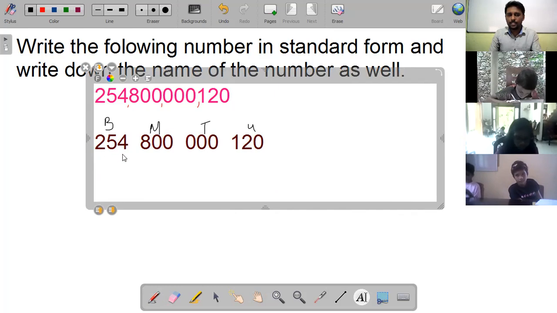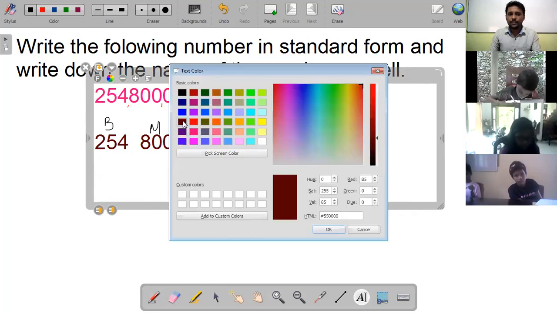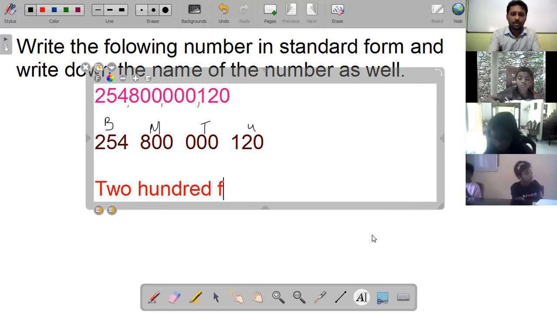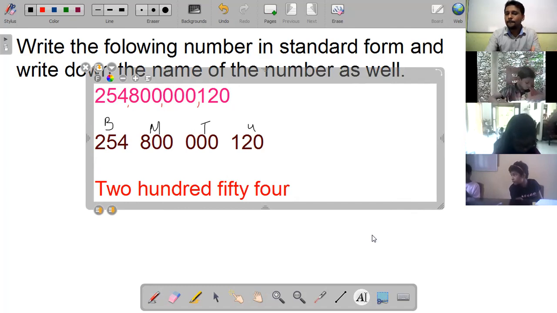Right. Look at the first number, 254. Period name is billion.